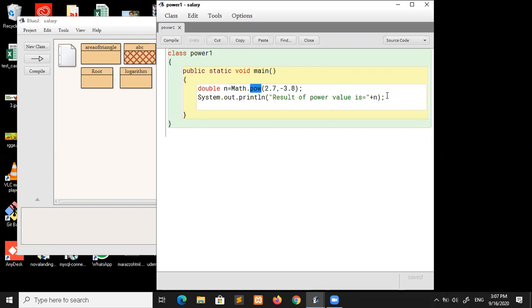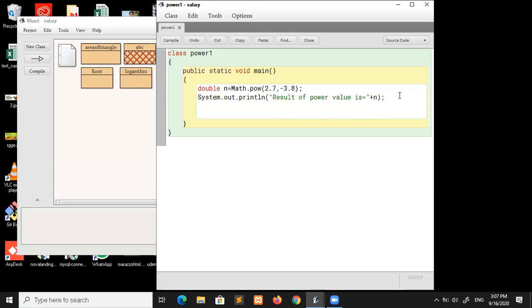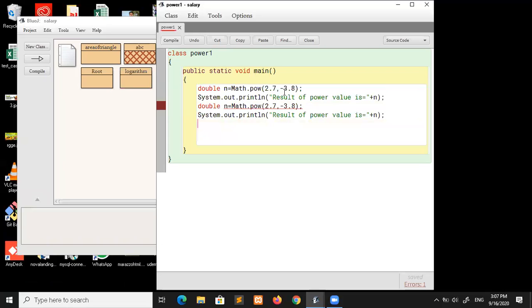So see power, how we get it? Like if I write 4 to the power 5, yes or no? I can't type it in superscript here, so we type 4 raised to 5, right? Suppose we want 4 raised to 2, then 4 is the first number, and the raised-to value, minus 3.8 for example, is my power value.